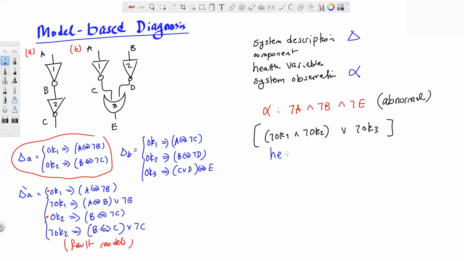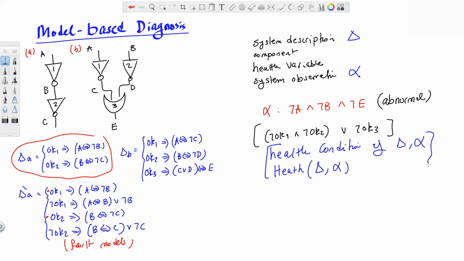This is the health condition of delta and alpha, where delta is the system description and alpha is the system observation. It will be denoted by health(delta, alpha). The question is, we had someone who looked at this, used intuition, and wrote this.